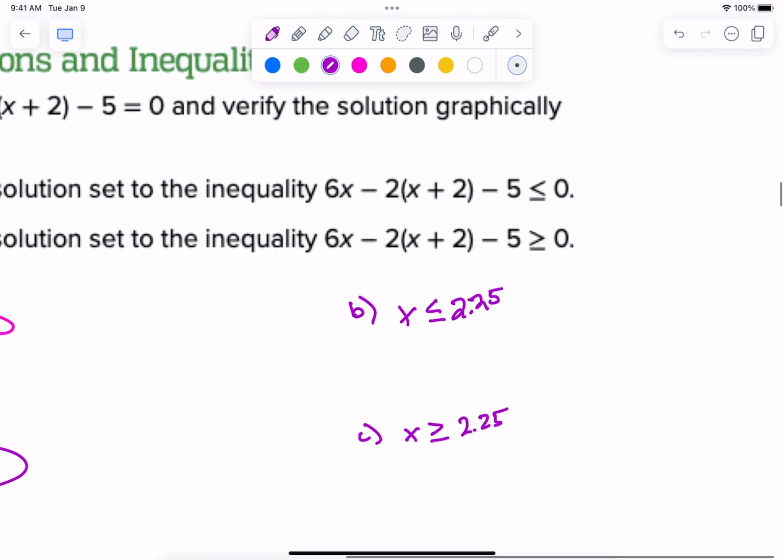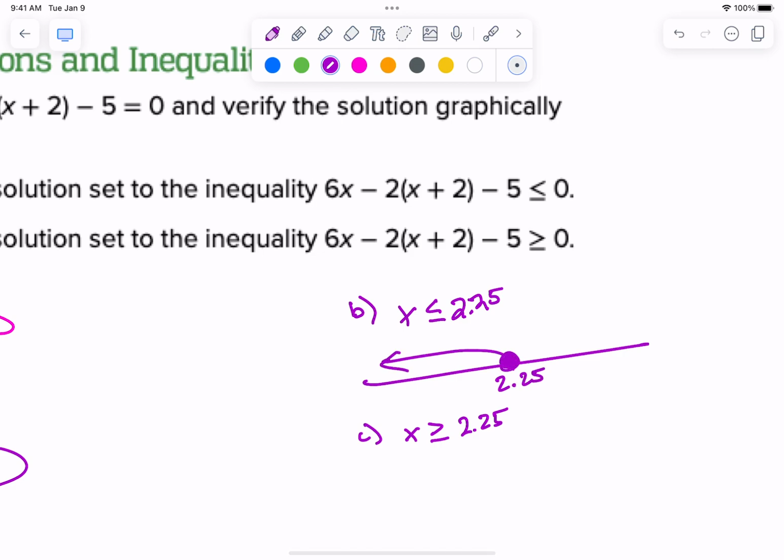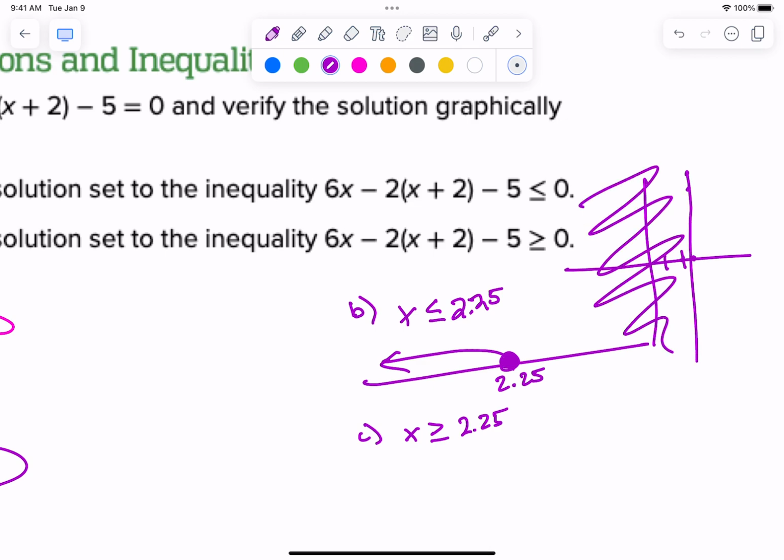It looks like this: we have 2.25, a solid dot, going to the left, which is the same thing as a solid line at 2.25 with everything shaded to the left. Those two things mean the same thing. It's just that here you're only looking at one number line, and there you're looking at the y-axis as well. Make sense?